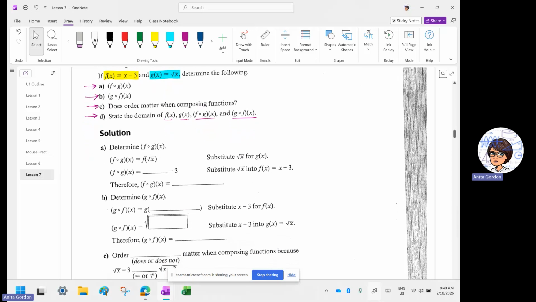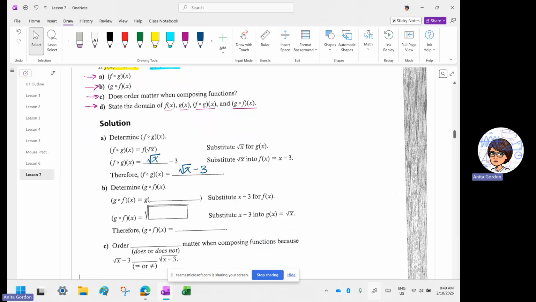So looking at A, f of g, we are taking the function f, the linear function, and substituting g instead of x. So this is going to be the square root of x, minus 3. So my composed function is this. Looking at g of f, starting with the square root function, substituting f inside.